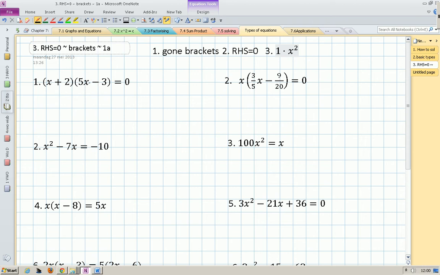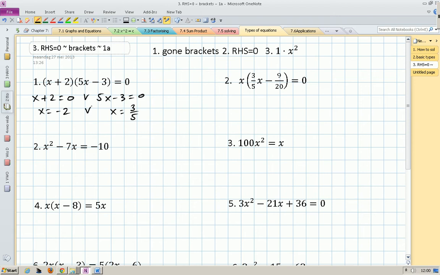We have two factors equal to 0. That means that one of the factors must be equal to 0. That means that immediately we can say x plus 2 is equal to 0, or 5x minus 3 is equal to 0. And that will mean that x is equal to minus 2. And then plus 3, dividing by 5 here, we're going to get x is equal to 3/5 on that side.